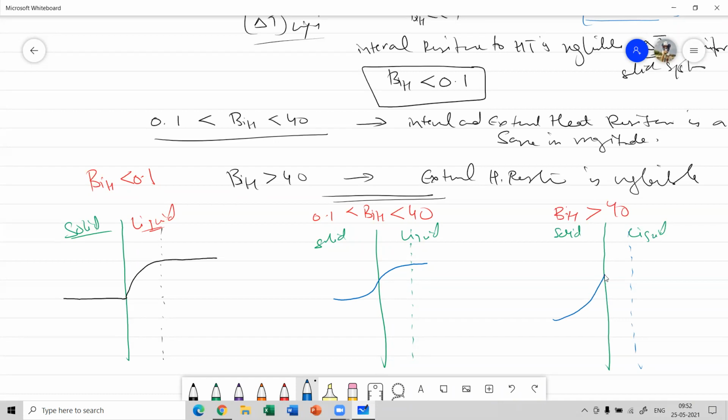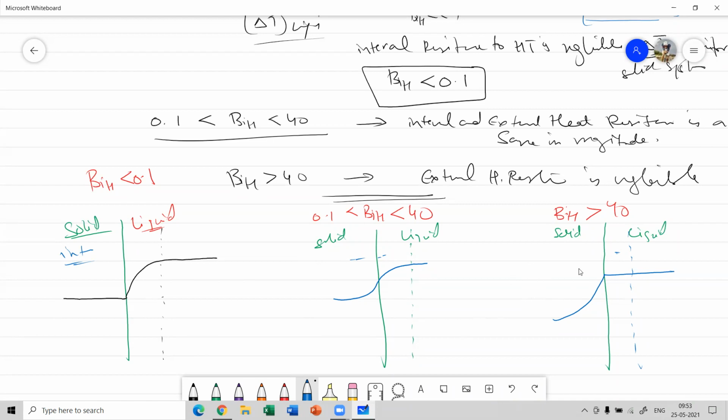Since the external resistance is negligible, the temperature variation is almost the same. So that's the variation for Biot number greater than 40. So you can clearly see that in one case the internal resistance is negligible, in the middle case internal and external are almost the same, and in the last, external is negligible. These are the three cases where we consider the Biot number.